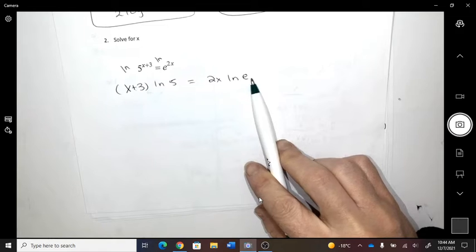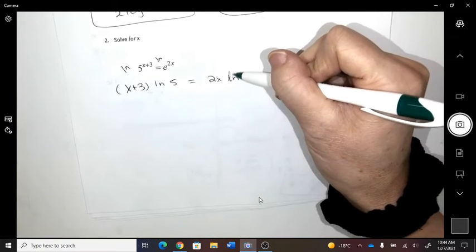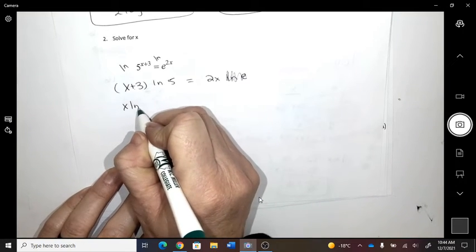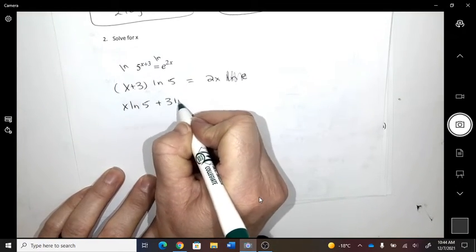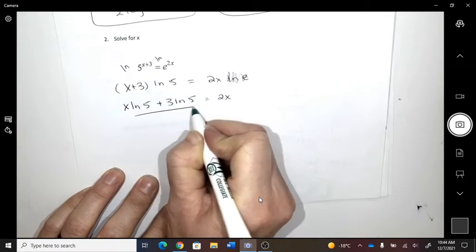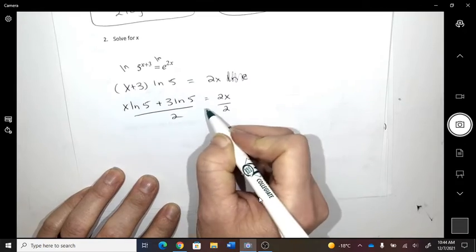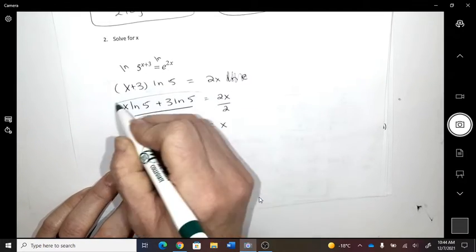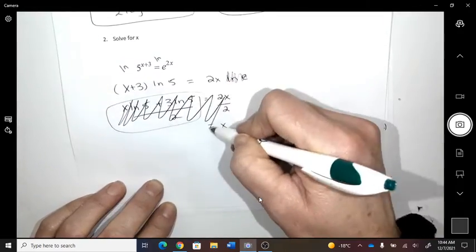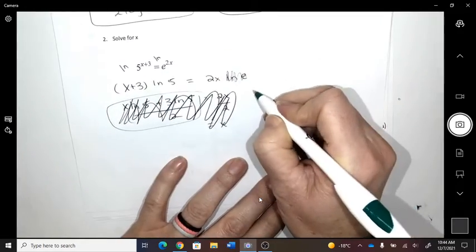If the base was e and the result was e, then this is a value of 1. Okay, so I'm going to distribute this. Whoops, I'm not ready for that yet. Redo.